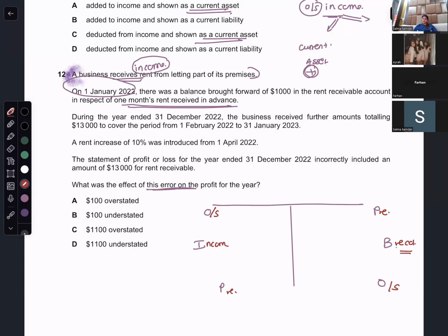The 1,000 will be on the credit side, this prepaid. The first line will be for the opening balance, the last line for the closing balance. So you have 1,000 in the rent receivable account, received in advance. So 1,000 is 1 month rent. Read the next line.